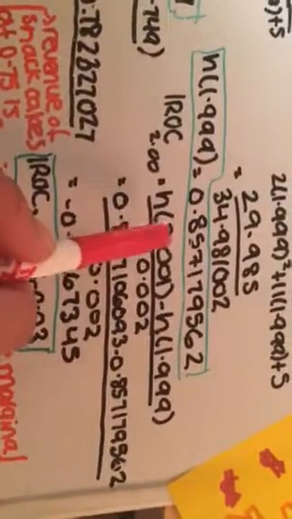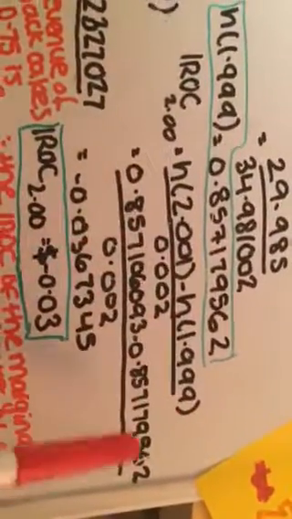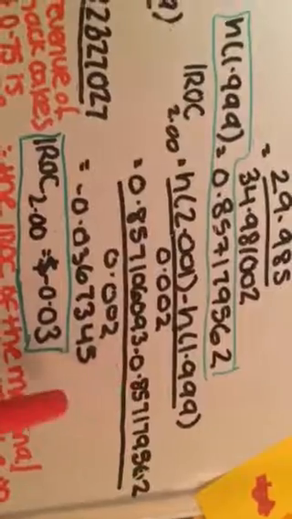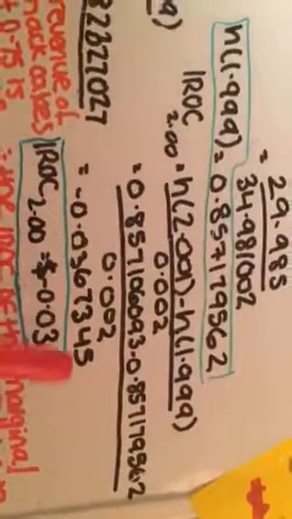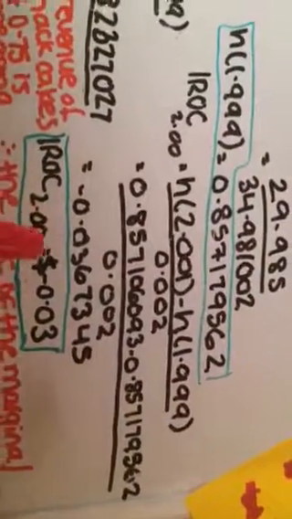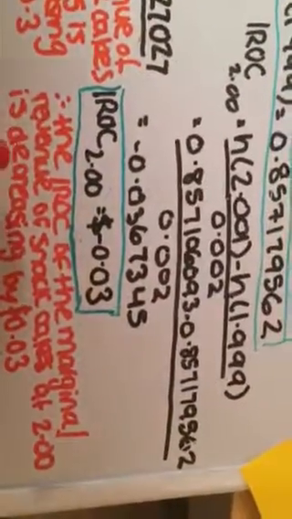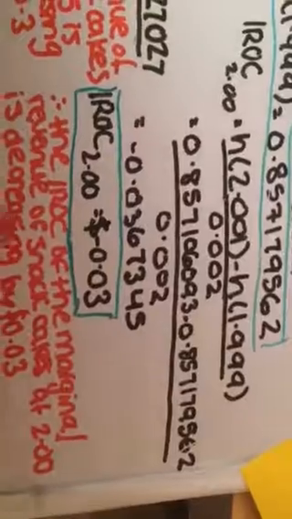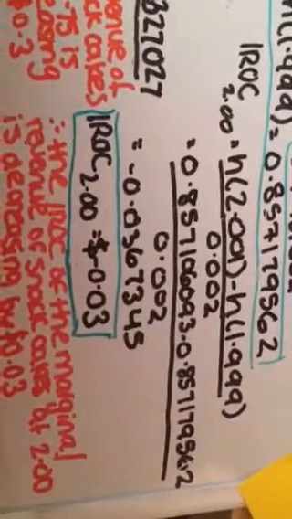We sub in what we found for 2.001, which is this long number here, and what we found for 1.999, which is this long number here. We're going to subtract the two and put that all over 0.002, and that's going to give us this nice long number here. Therefore, what we just solved for was the IROC of 2.00, which is $0.03. Therefore, the IROC of the marginal revenue of snack cakes at 2.00 is decreasing by $0.03.